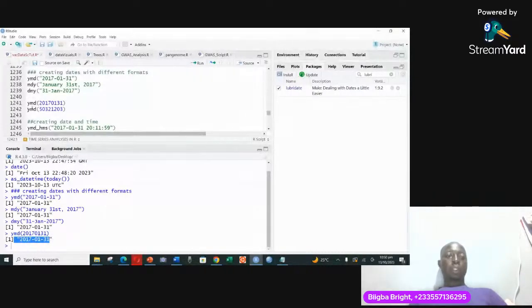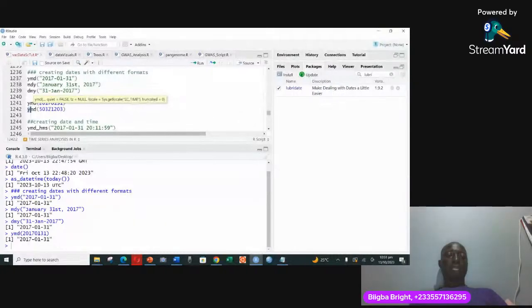Then you can also do year, month, and date, and put it this way. Whichever way you put it, R knows that the first 4 digits stand for the year, the month takes 2 digits, and the day takes 2 digits. So in all, you are going to have 4 digits inside here. Whichever digits you put there, once you use this function, R creates a date according to that function.